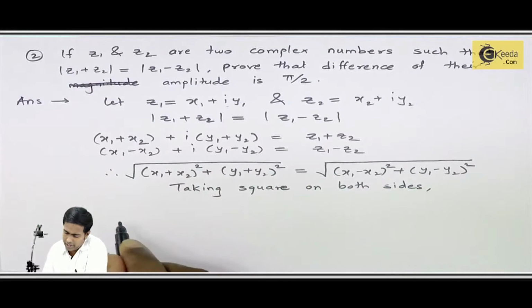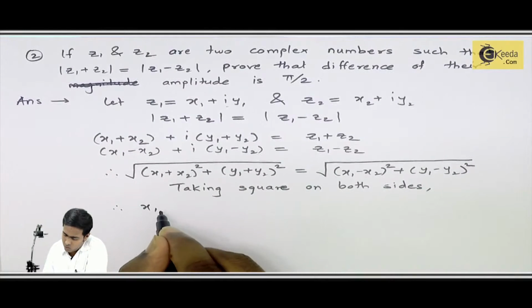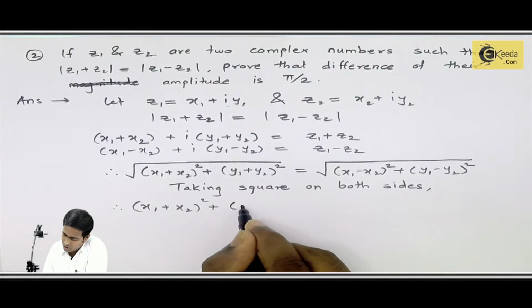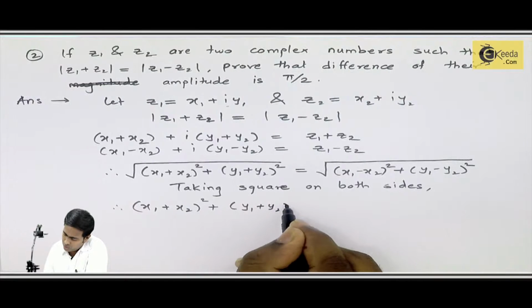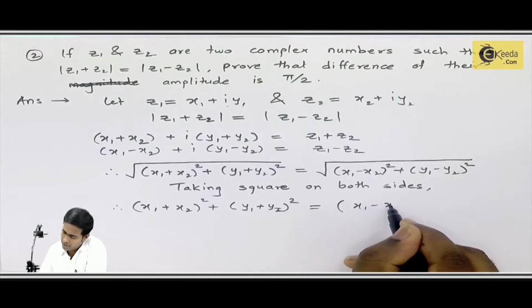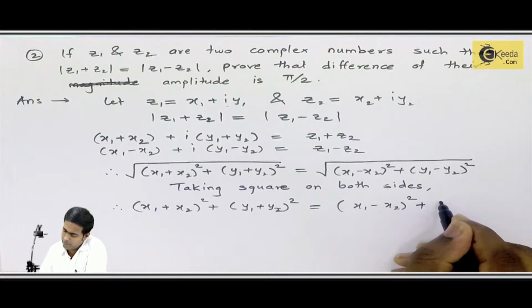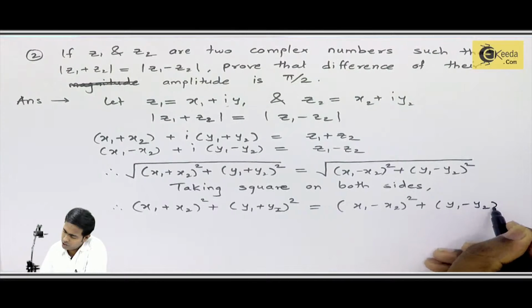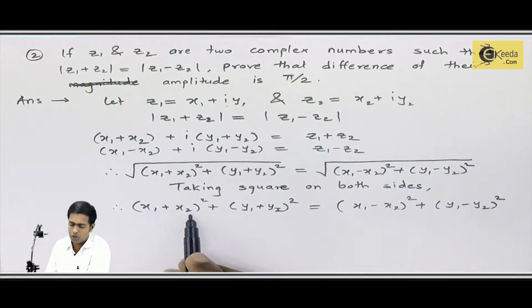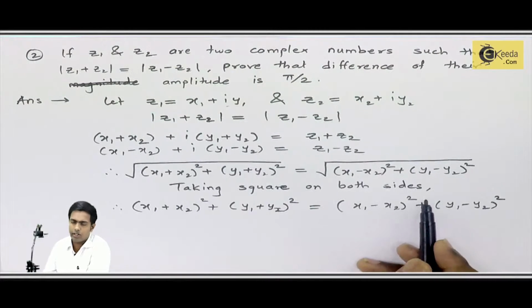we will get on left hand side x1 plus x2 the whole square plus y1 plus y2 the whole square. Similarly, on RHS we will get x1 minus x2 the whole square plus y1 minus y2 the whole square. Now we will expand these brackets by using the formula a plus b the whole square and a minus b the whole square.